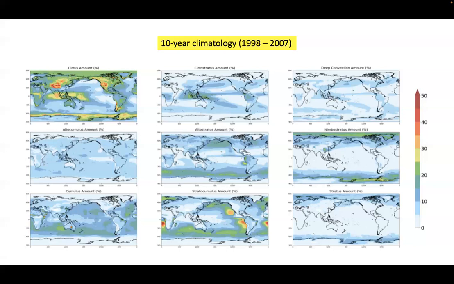Before that, any questions? Yes, about the whole circulation and how the currents contribute to the maximum.